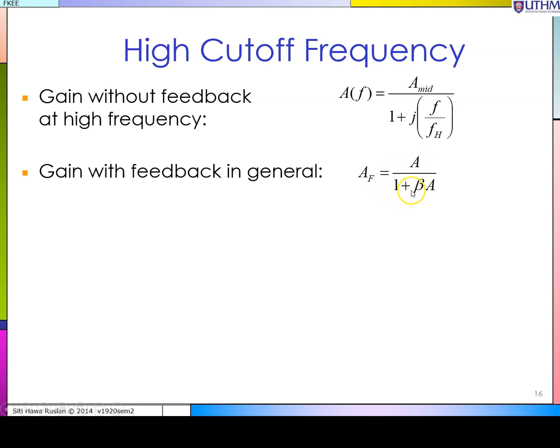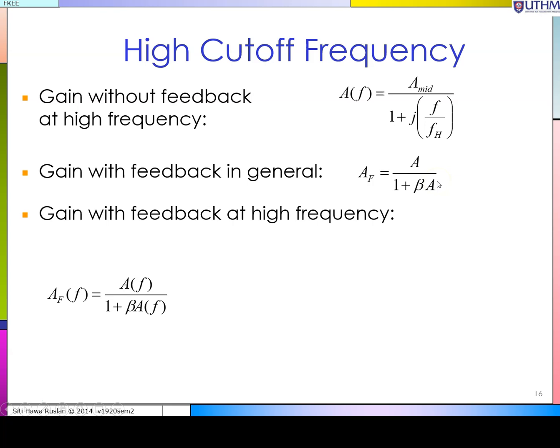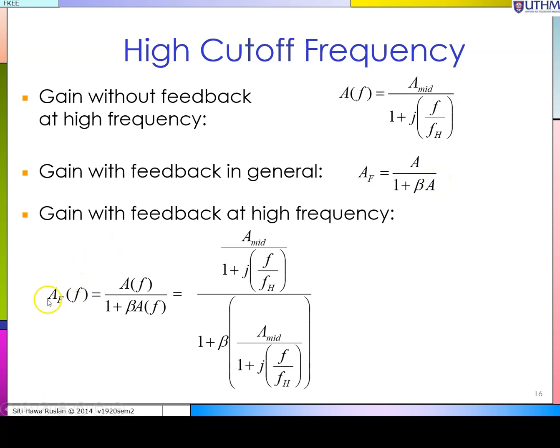AF is A divided by 1 plus beta A. Since A is a function of frequency, you just substitute this value into this equation. Okay, so meaning that your overall gain with frequency is also a function of frequency, because the A is a function of frequency over here. So plug in this value into this equation.